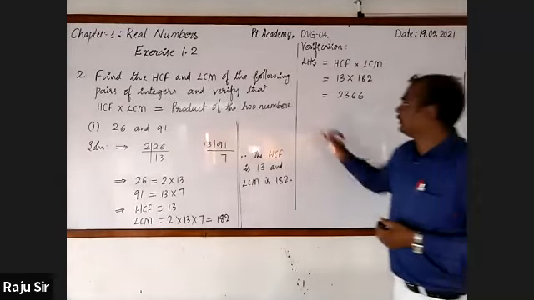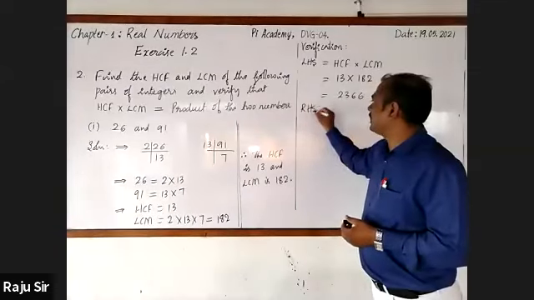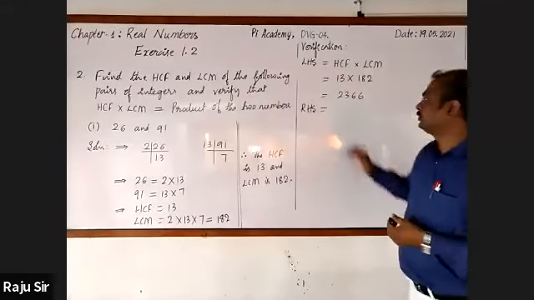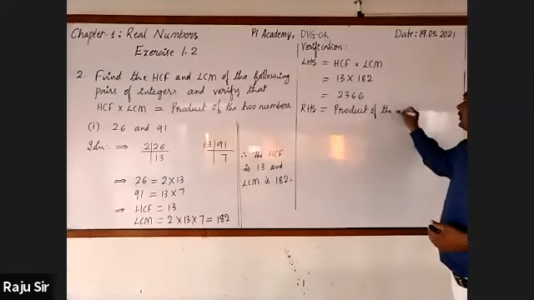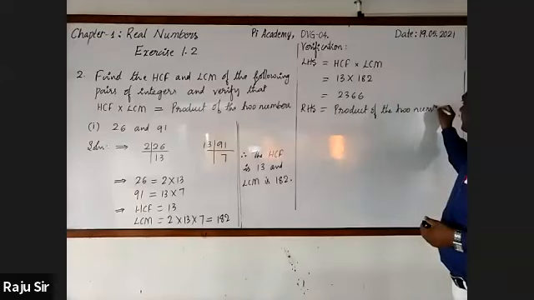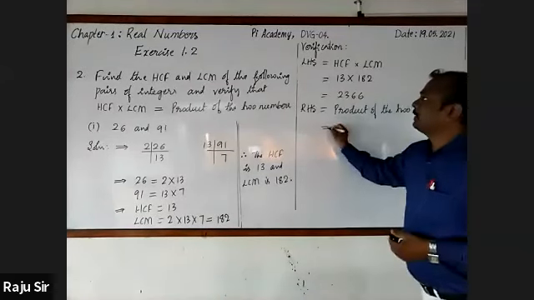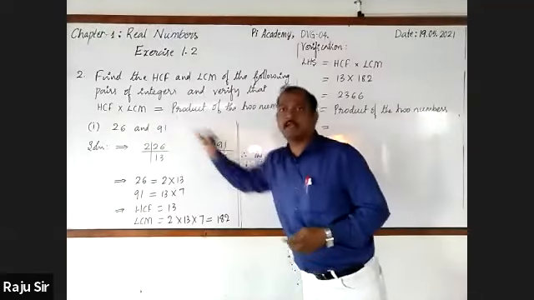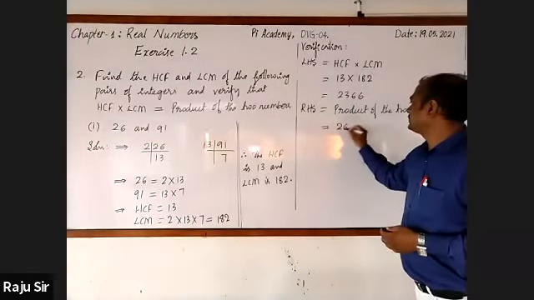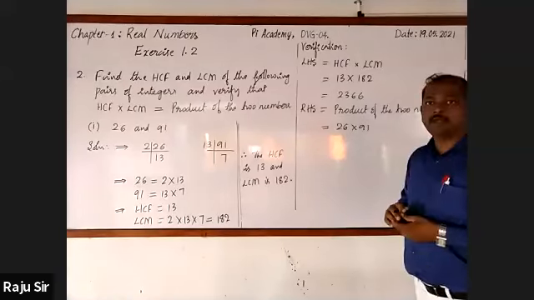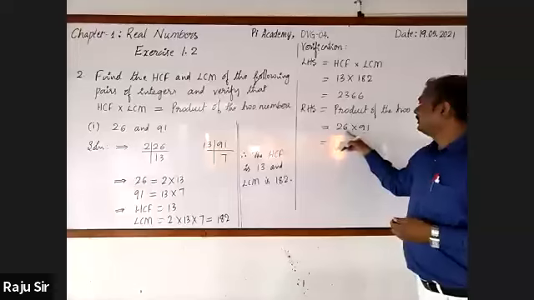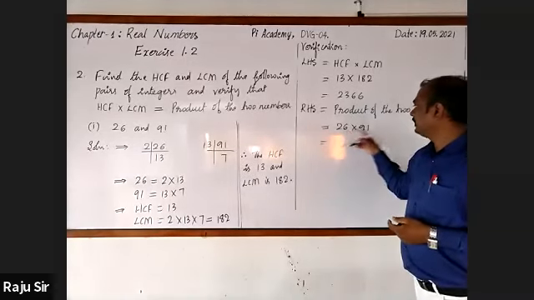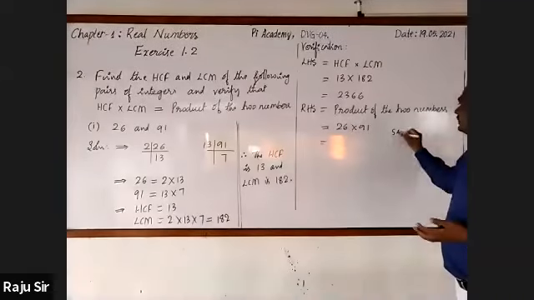Now let us check whether it is equal to the RHS part, that is the product of the two numbers here on the right. Product of the two numbers. The numbers are 26 and 91. 26 and 91. Take 91. 6 sixes are 36, 6 nines are 54. 1 six is 6.